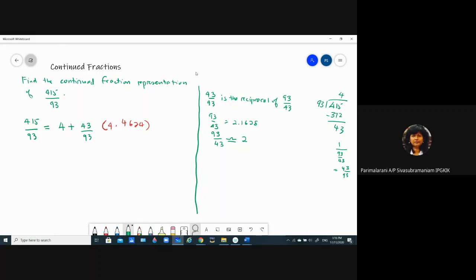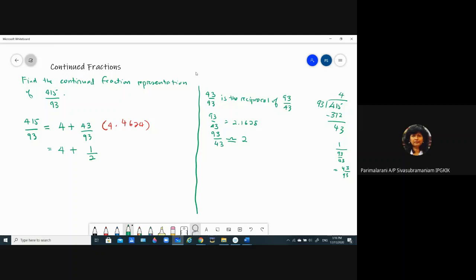415 over 93 is also equal to 4 plus 1 over 2. Can you understand that? Why is it like that? Because 43 over 93 is the reciprocal of this, correct? It's 1 over this, and you know that this is 2.